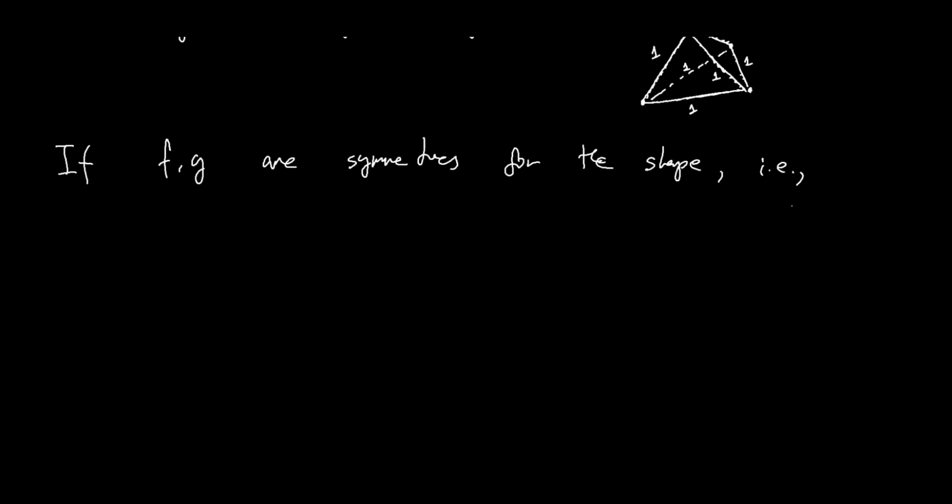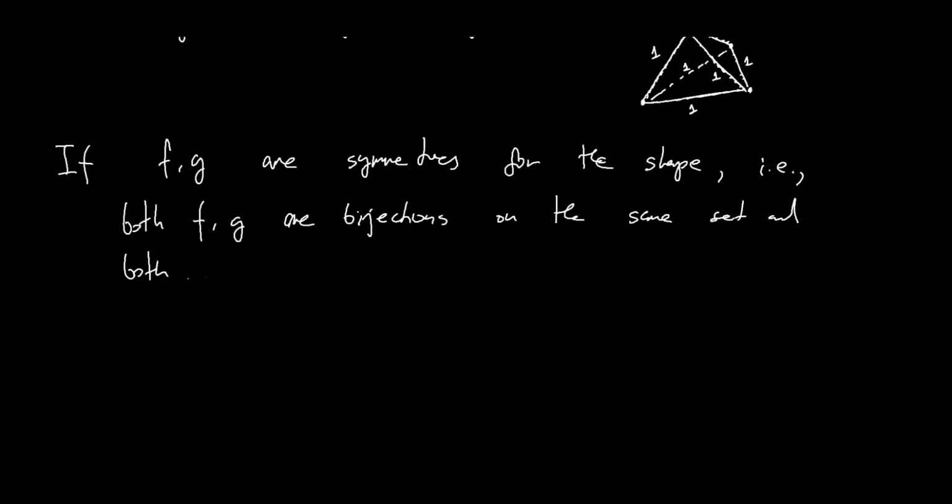Okay, let me first finish the sentence. So both f and g are bijections on the same set, and both preserve distances.